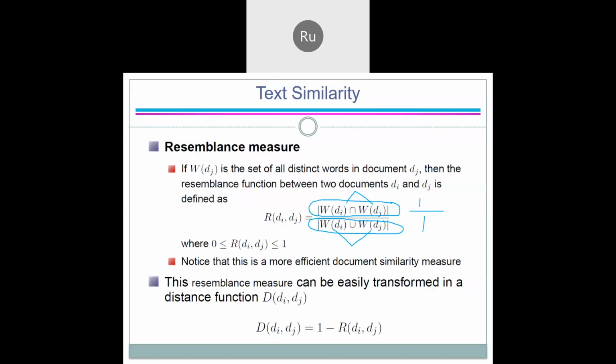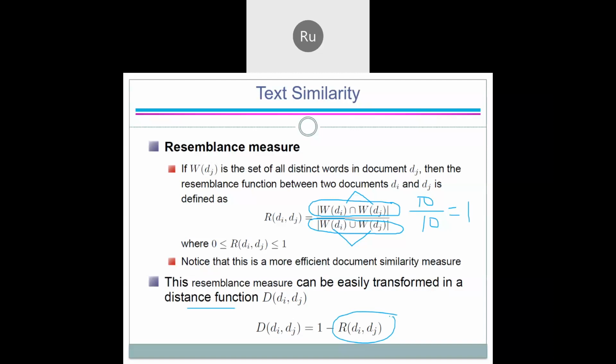Meaning that if the common terms of DI and DJ number 10, and the unique terms for DI and DJ are also 10, then we have resemblance 1. And the distance will be 1 minus the resemblance.